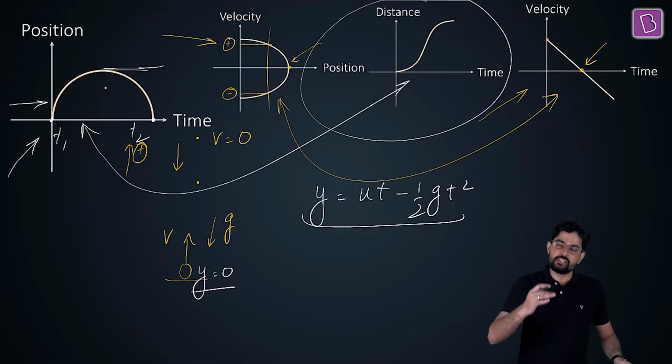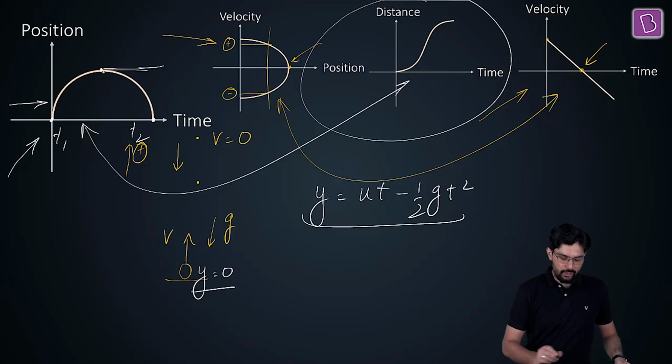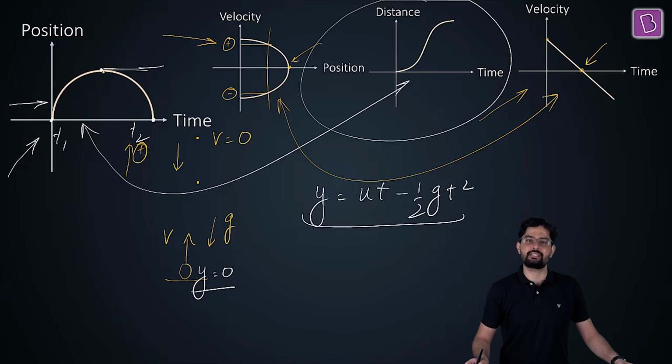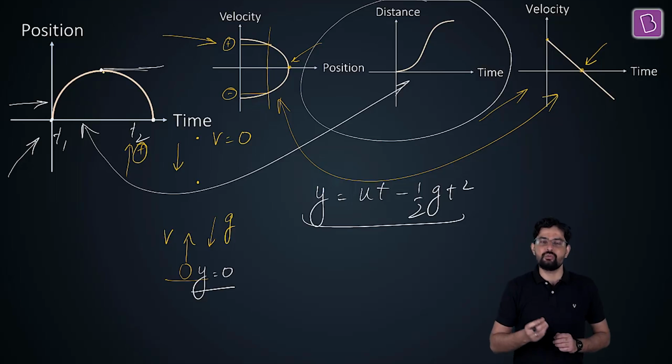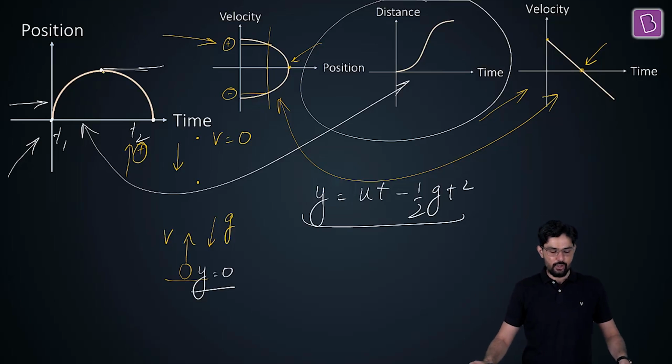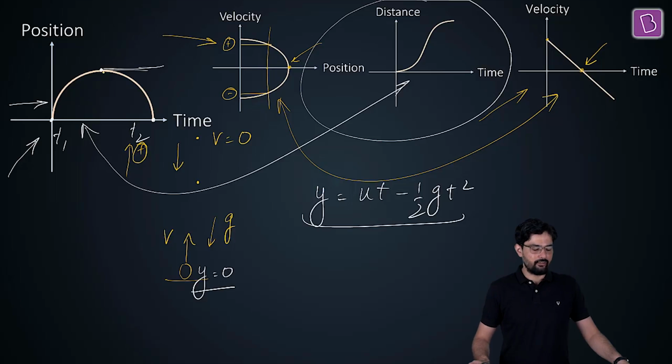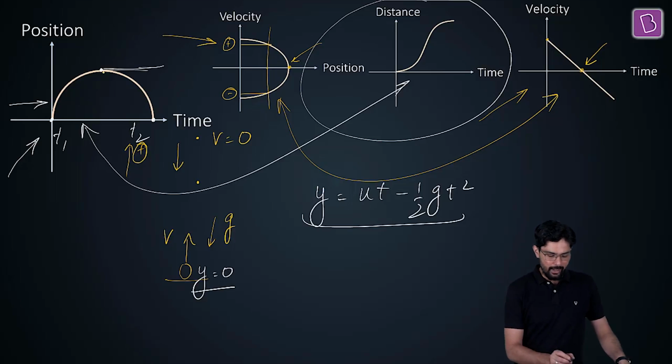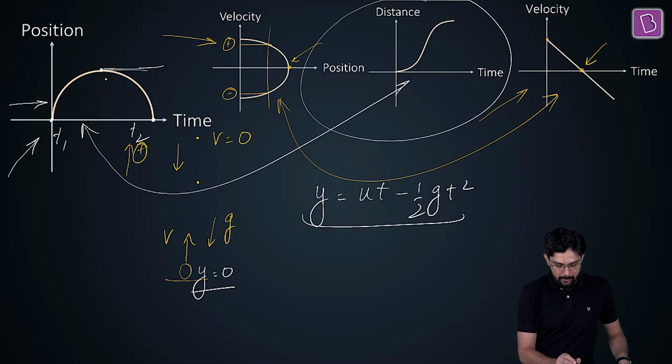But this is the position time curve. And at this moment, we know that the particle has reached the maximum height. And when it starts to come down, the distance will increase. And that is why you will attain the distance time curve from the position time curve by taking the mirror image of this declining curve.